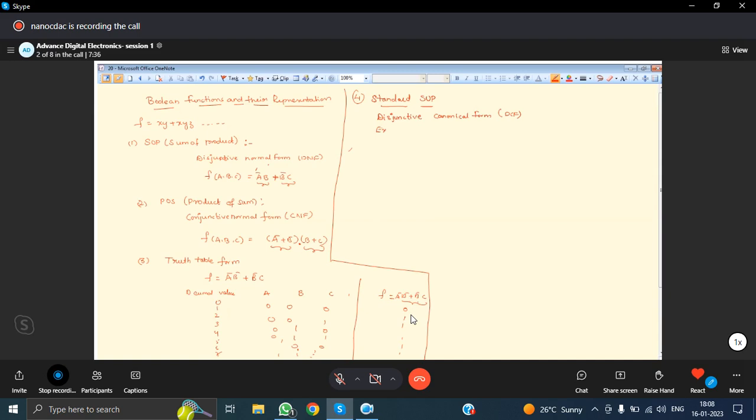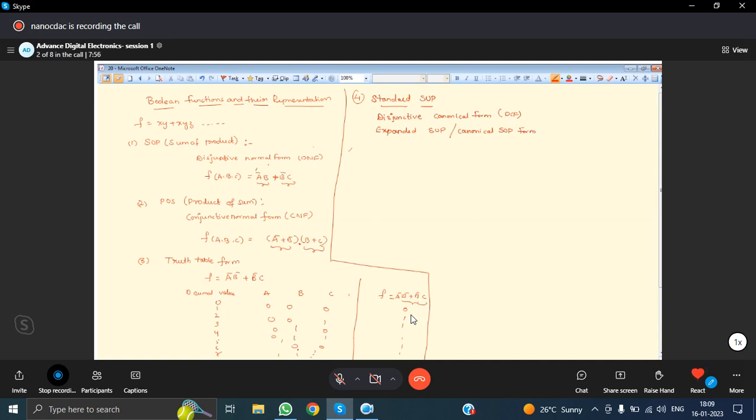Also it is called expanded SOP, expanded sum of product, or canonical sum of product form.